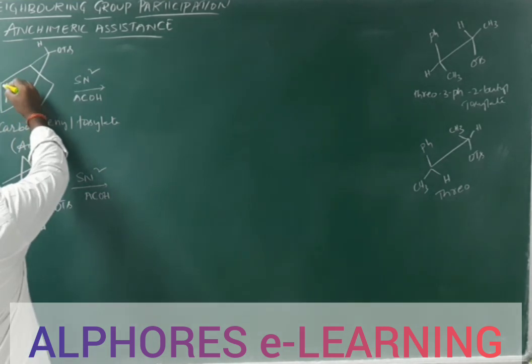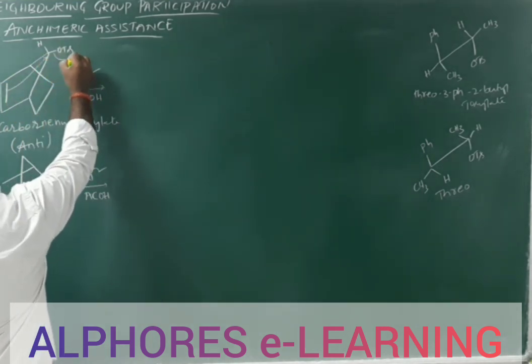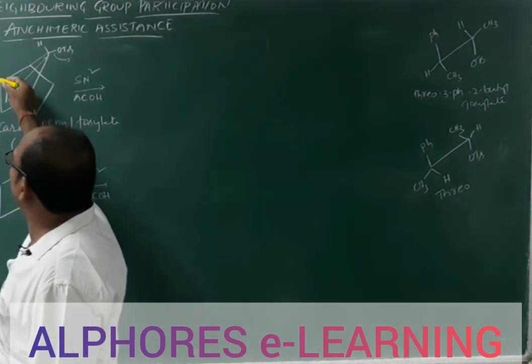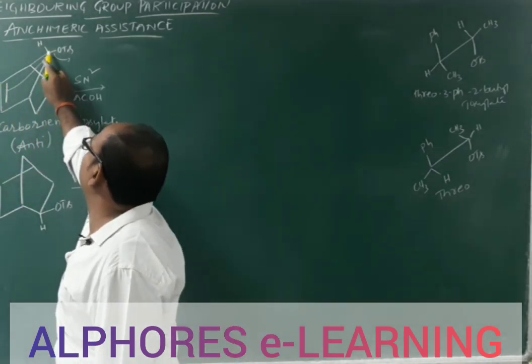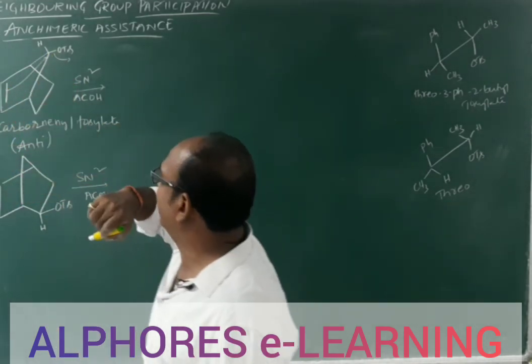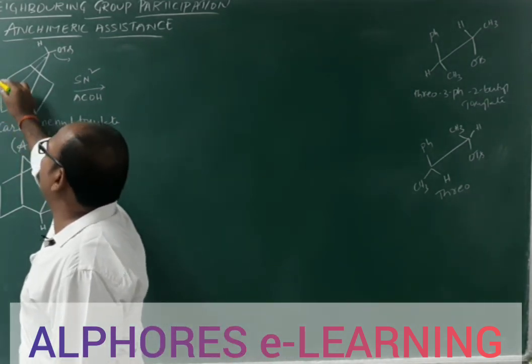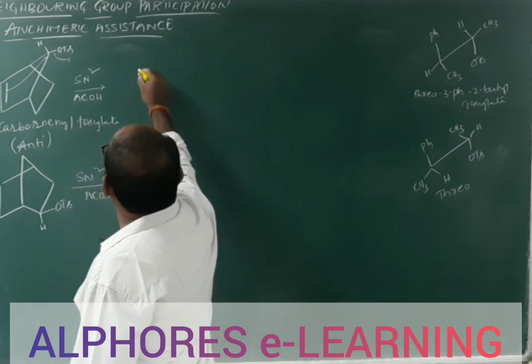Now here, pi electrons are going to shift towards this carbon and this OTS will leave. Obviously, pi electrons shift towards either of these 2 carbons, and then they move towards the leaving group carbon. So one of the 2 pi bonded carbons is going to bear a positive charge.